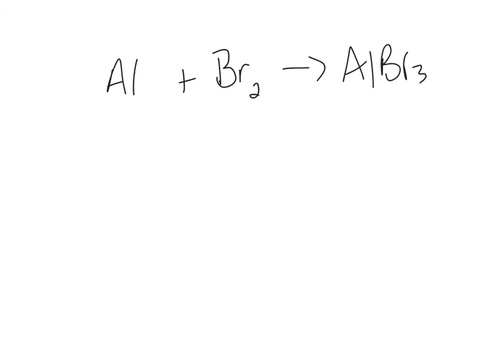If we make 5 moles of it, how much bromine will we need? See if you can figure it out. How much bromine will we need to produce 5 moles of aluminum bromide?